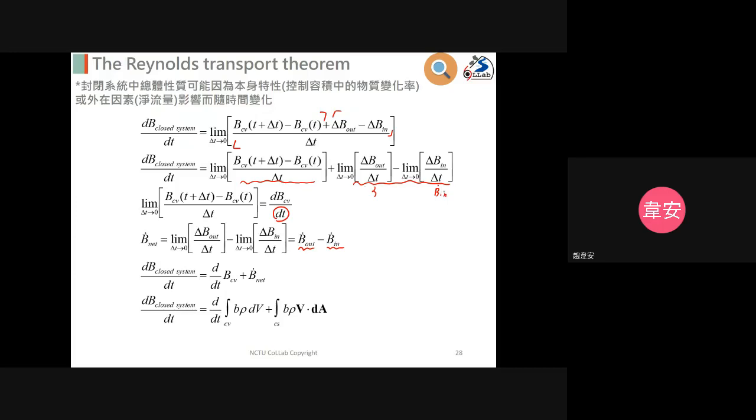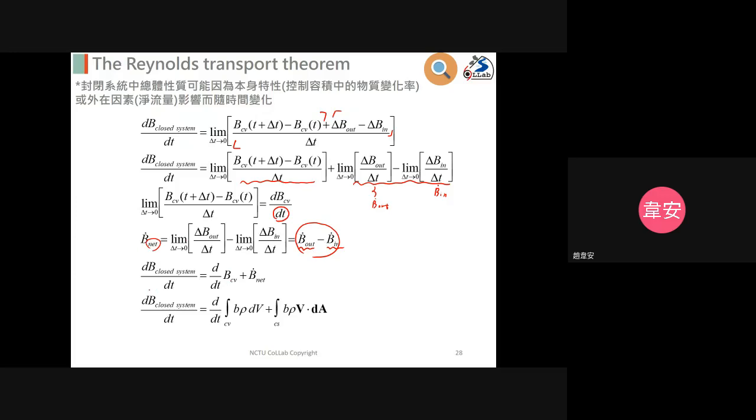Usually we call this the inflow and this the outflow. For this part, we can call it the extensive property outflow rate, but for the net, the net is out minus in.